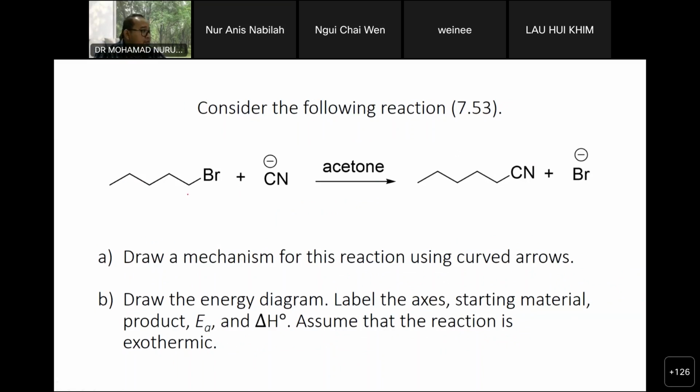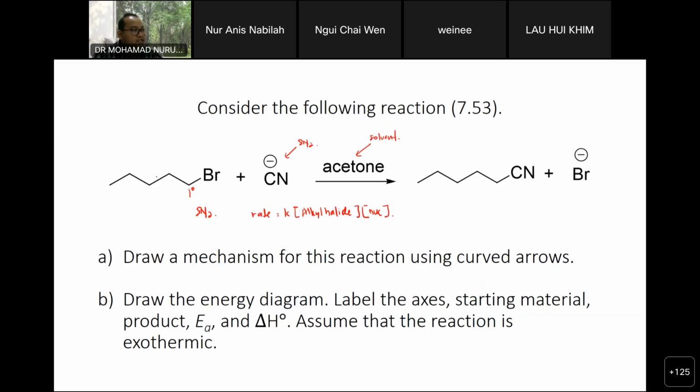This is a primary alkyl halide, so there will be an SN2 reaction. The rate depends on both concentrations: rate equals k times alkyl halide times nucleophile. Don't forget k. If you see a strong nucleophile like this, usually it is referred to as an SN2 reaction, and you also have to consider the solvent.